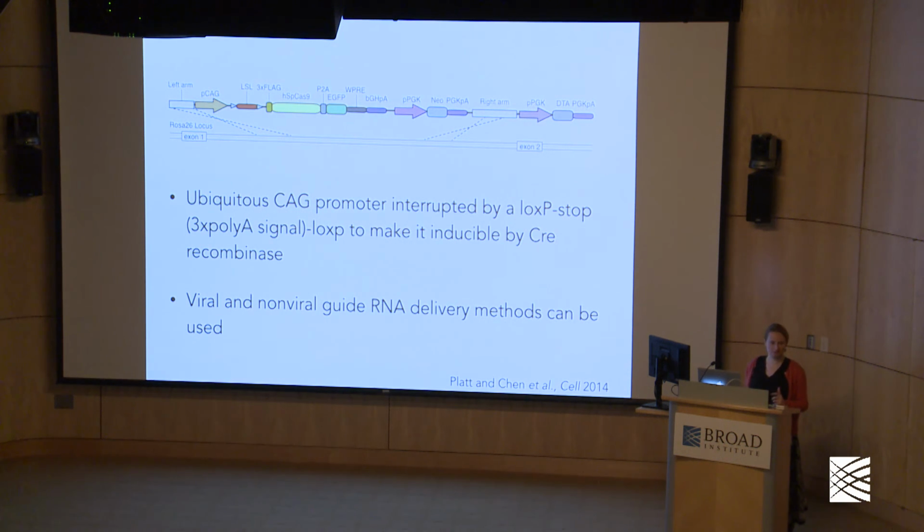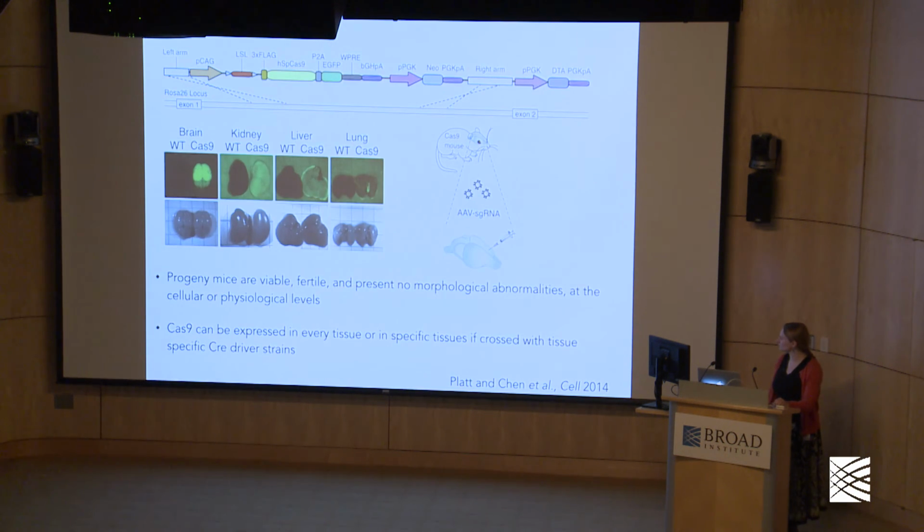The reason this may be advantageous is that if you want to target multiple genes, you can just deliver your guides only. It's also important to note that these mice are viable, fertile, and present no known morphological abnormalities. And you can restrict expression to a certain tissue, or you can express it across multiple different tissues.